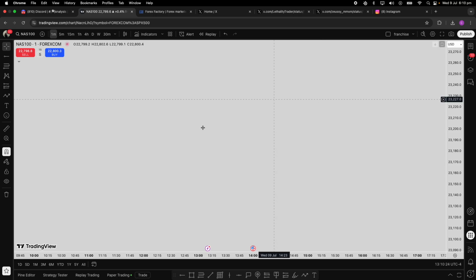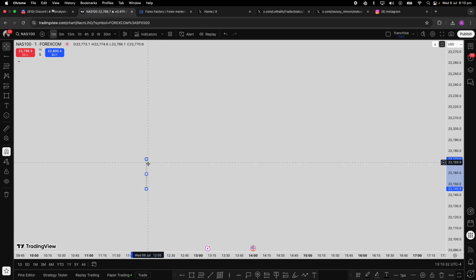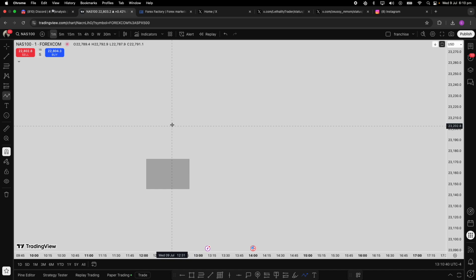So if we think about the most well-known entry technique, let's say this is the M1 time frame.